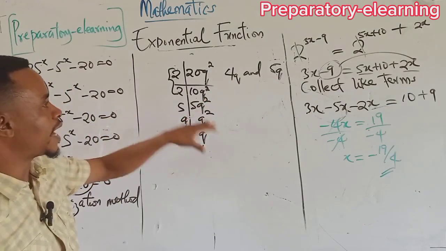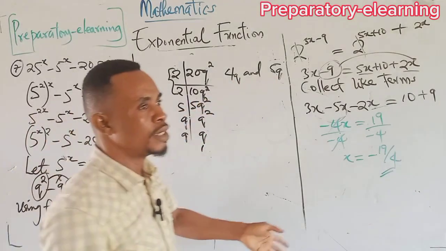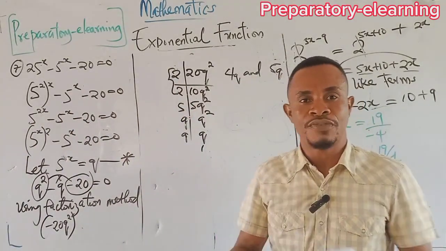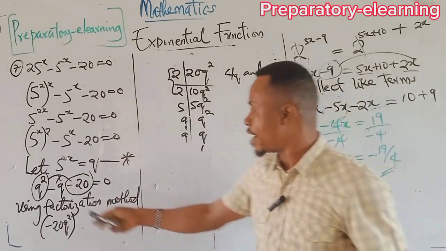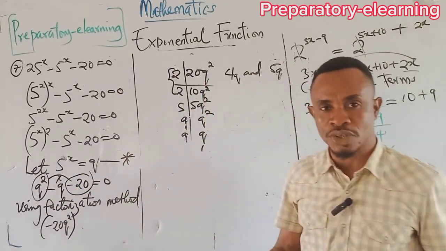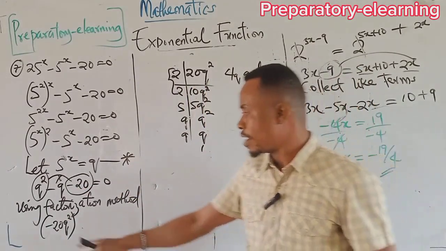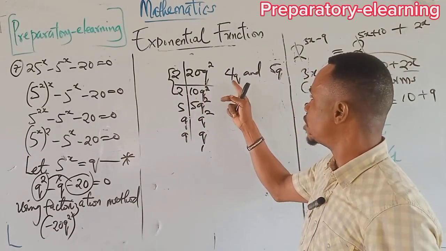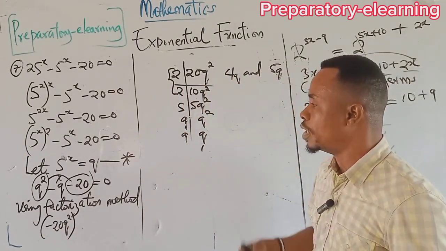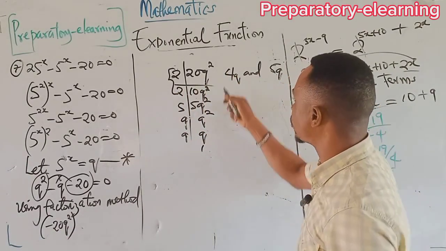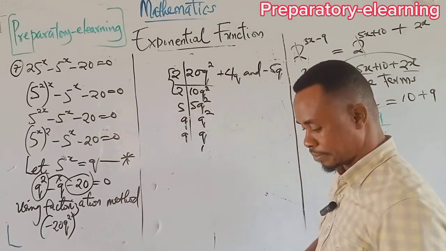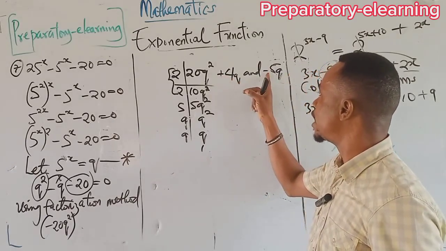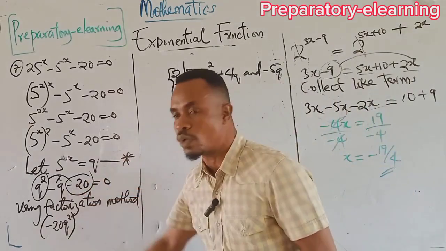The next thing is, what sign, be it plus or minus, should I introduce to 4q and 5q such that if I find the difference of them or the sum, I will have minus 1q, and also such that when I multiply them, I will have minus 20q squared. Now I've gotten my two factors, 4q and 5q. What sign should I bring in? If I bring in plus here and minus here, plus 4q and minus 5q will give us minus 1q.